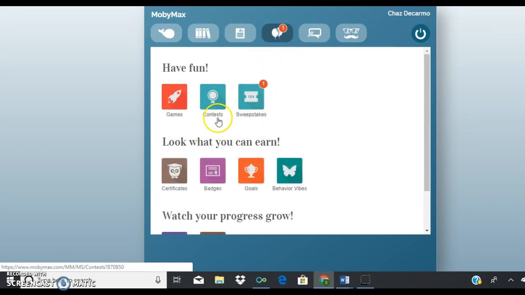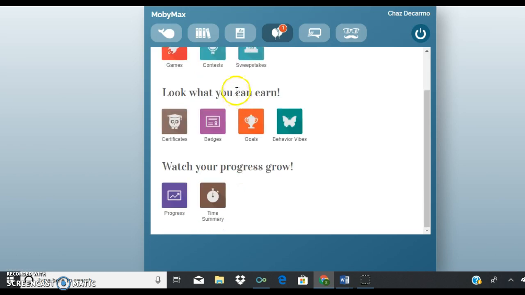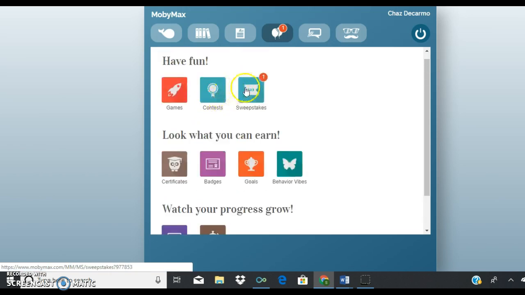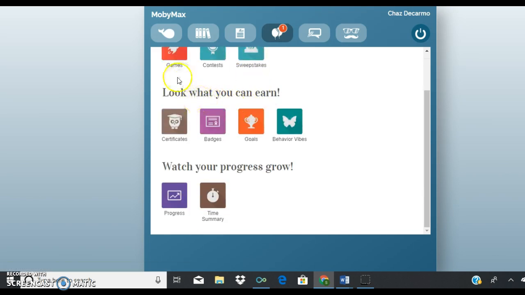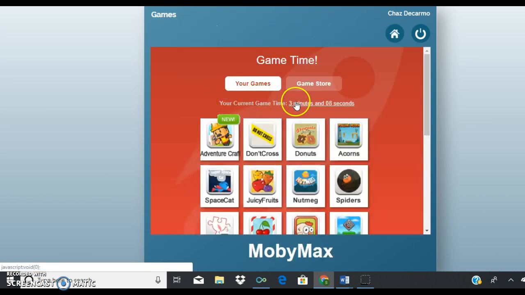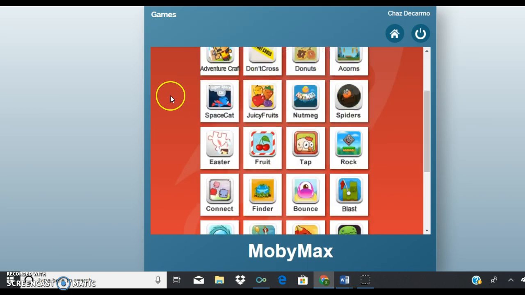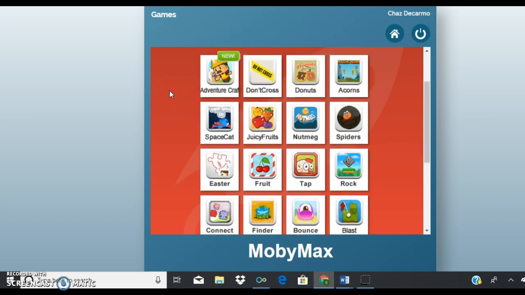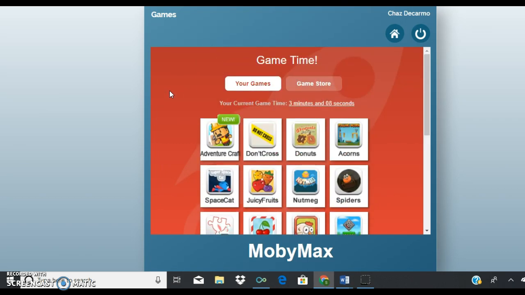Here is where they can play games, they can enter contests, they can win sweepstakes. So if they go on games, right now he has 3 minutes and 8 seconds of game time. So as they complete activities, math, reading, different subjects, they earn time to play games.